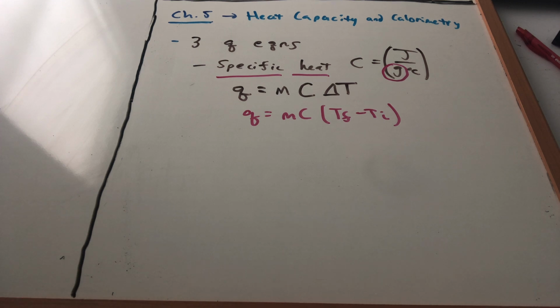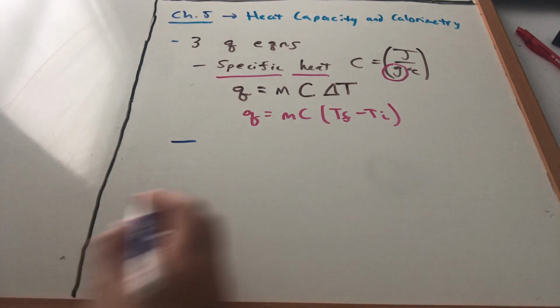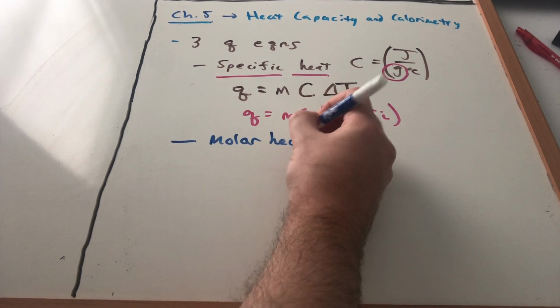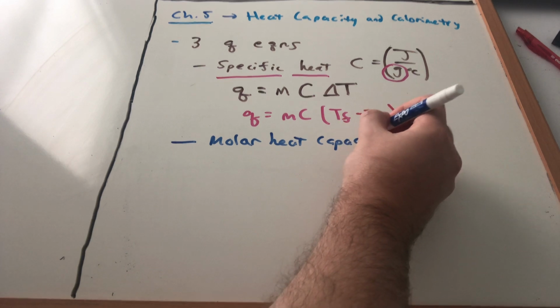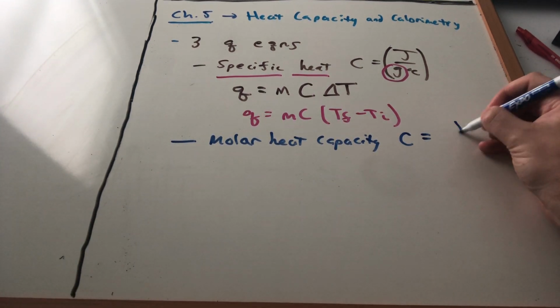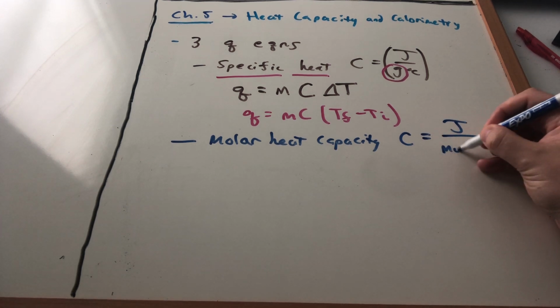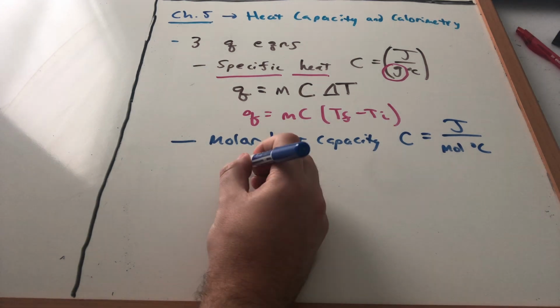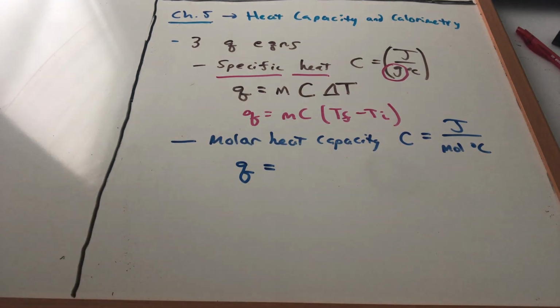Let's follow that exact same logic and develop our second Q equation. What happens if we're given a molar heat capacity? Everything about it is the same except you're quantifying the object in terms of moles instead of grams.